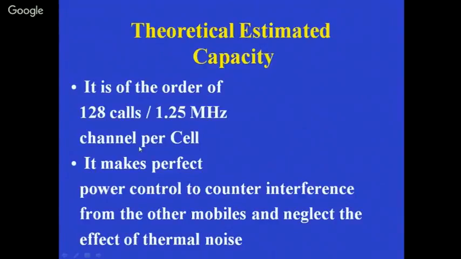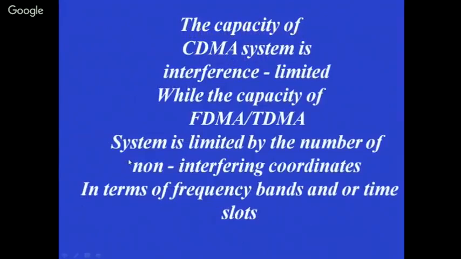That was the ideal situation, but the ideal situation never remains ideal, so it goes on changing. The capacity of a CDMA system is interference limited, while the capacity of an FDMA/TDMA system is limited by the number of non-interfering channels. In the case of GSM, it is not dependent on the area, it is dependent only on the cells or cluster. But in the case of CDMA, it is signal to noise ratio dependent.